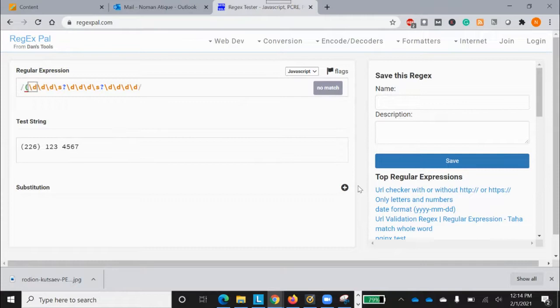But since this also has a literal meaning as well, it can be interpreted. So I need to escape that. Escape a bracket over here, and the closing bracket over here.